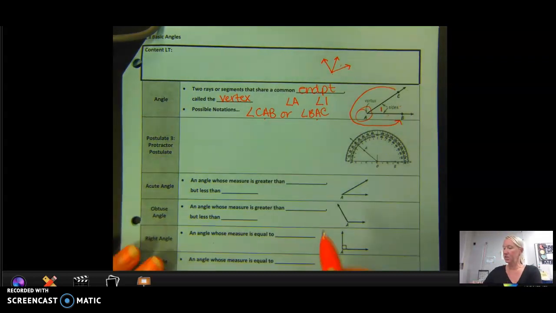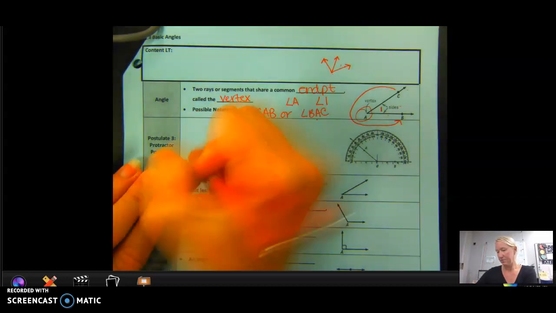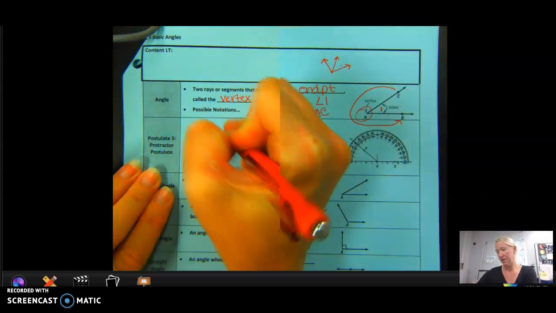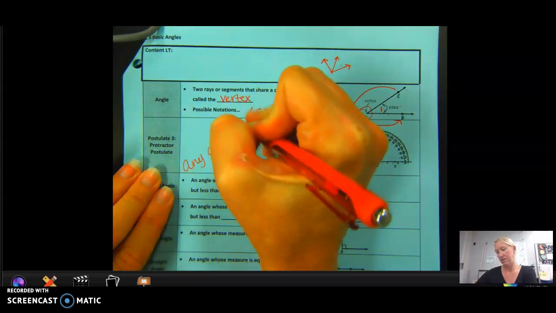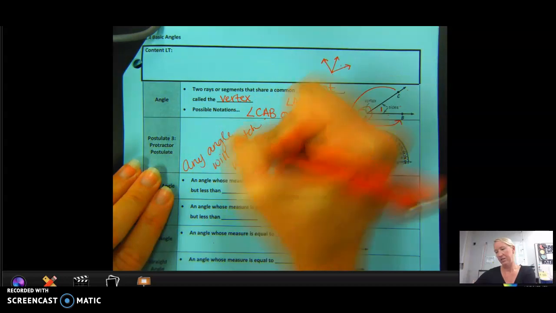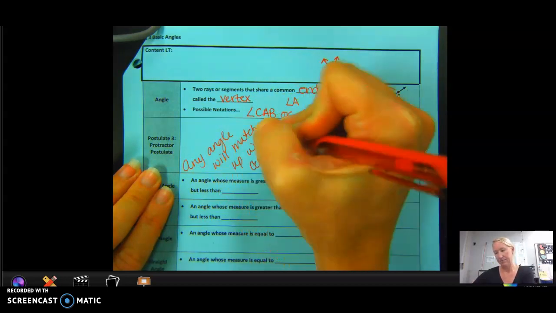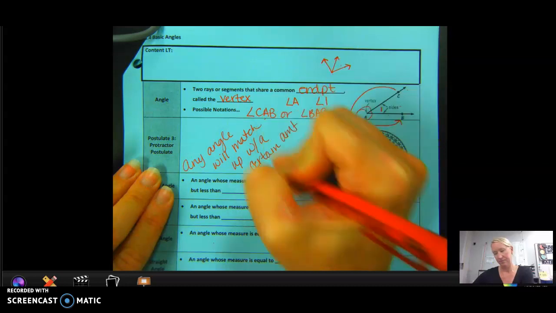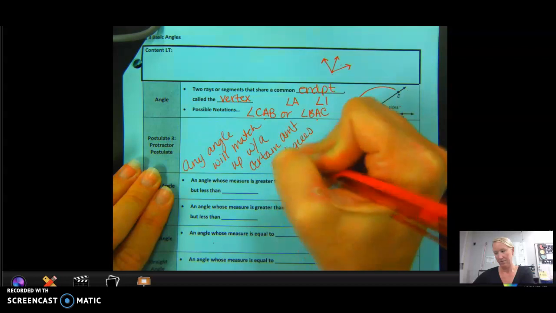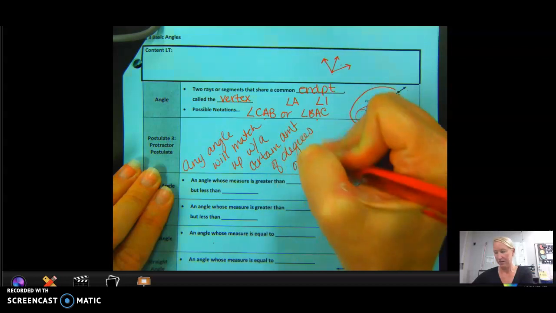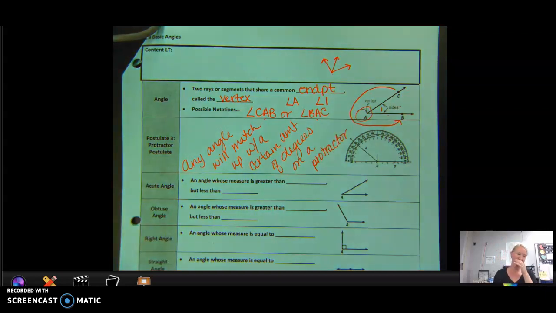The protractor postulate is just saying that any angle will match up with a certain amount of degrees on a protractor. Okay?